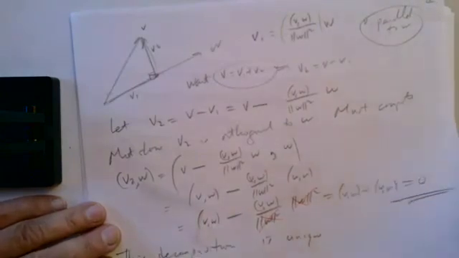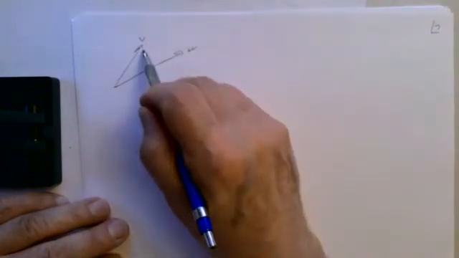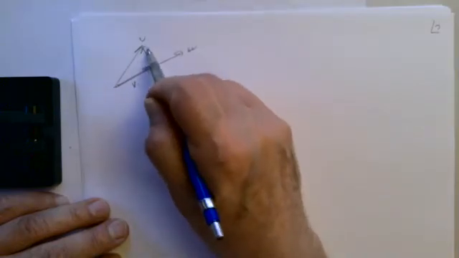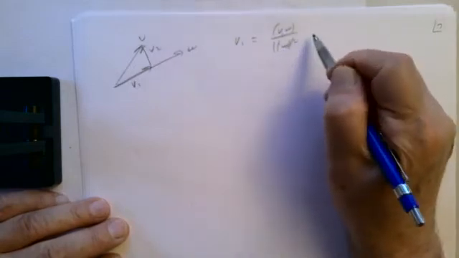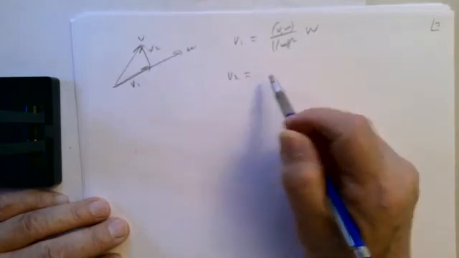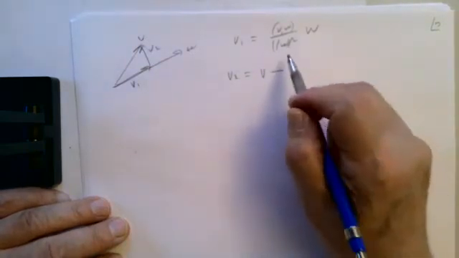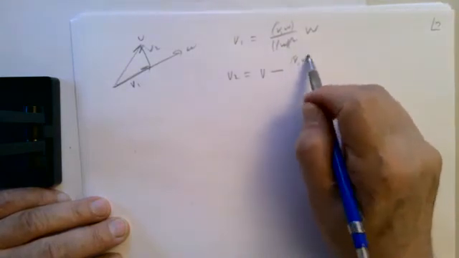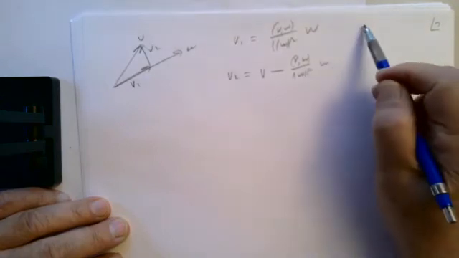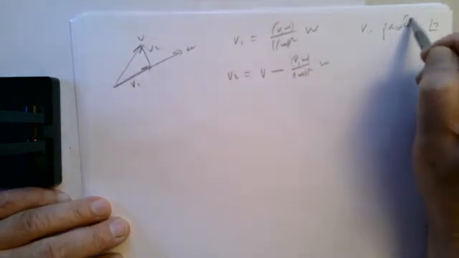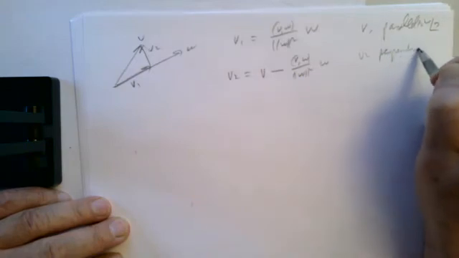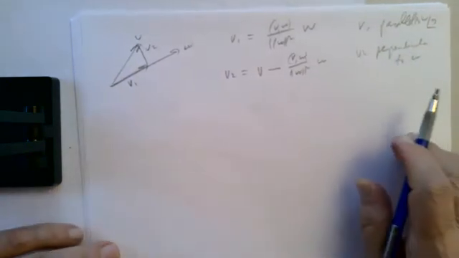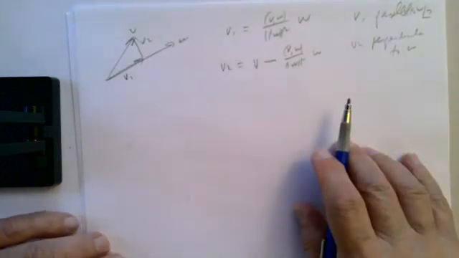So what we have first is V1 equal to the inner product of V and W divided by the length of W squared times W, and V2 equal to V minus VW over length of W squared times W. So we have V1 parallel to W, V2 orthogonal or perpendicular to W. And let's imagine we could do this in a different way.